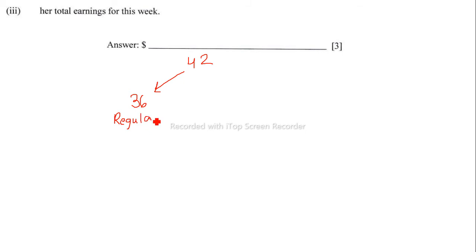Very good. So 36 was regular hours for that week. And then we know that 6 hours, because 36, 37, 38, 39, 40, 41, 42, was overtime hours.